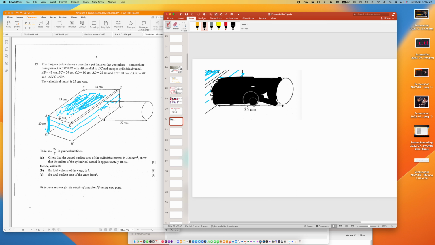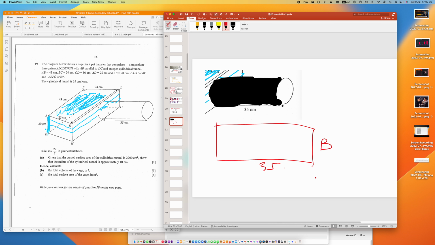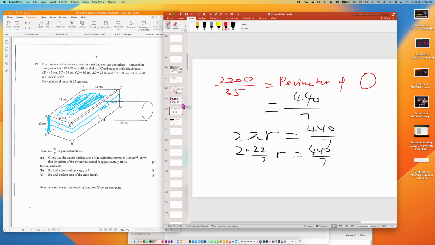This one is 2200. So this side, if you open it up, it's actually a rectangle paper. This is 35, and the breadth is actually the perimeter of the circle. That's the reason why I say perimeter of the circle. Then therefore you get the r. The 7 cancels, so r is 440 divided by 44, so 10.